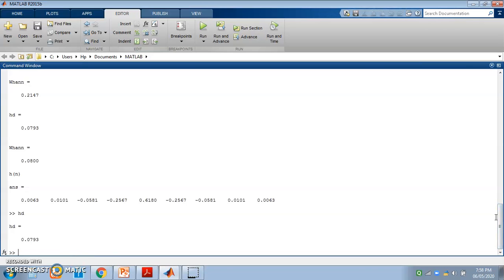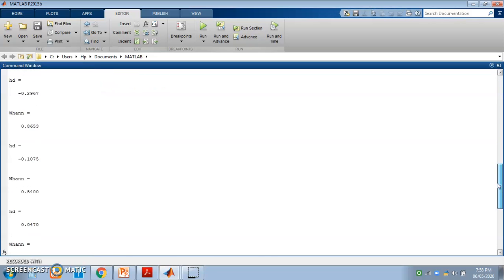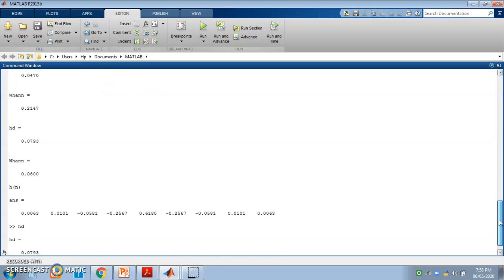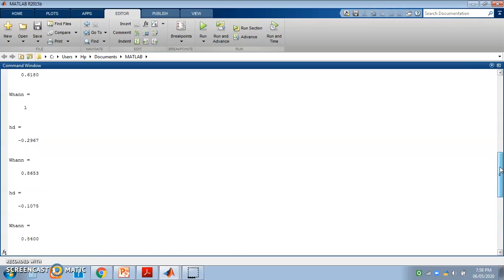As we have solved it in a for loop, only the last value is getting displayed over here. So we discuss all those values: hd of 0 is equal to 0.0793, and that is equivalent to hd of 8, which is nothing but 0.0793. So we have the values of the desired impulse response and the weighing function.